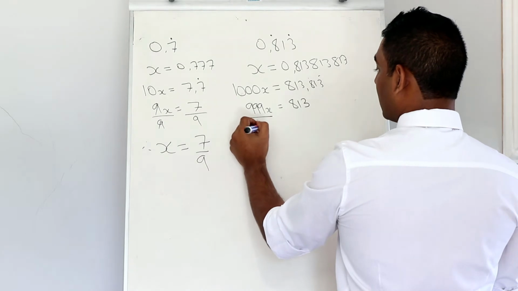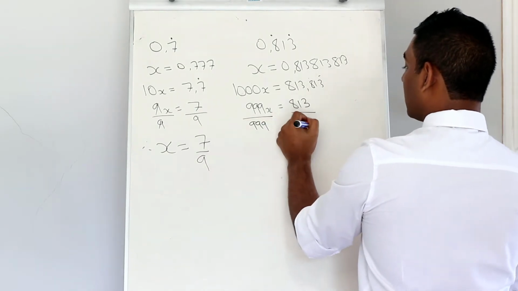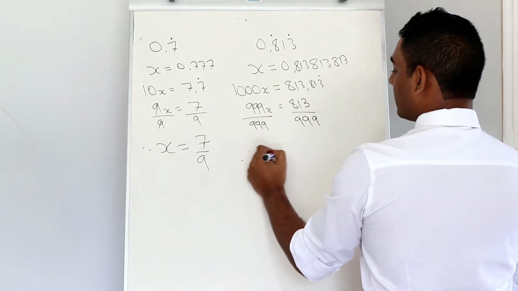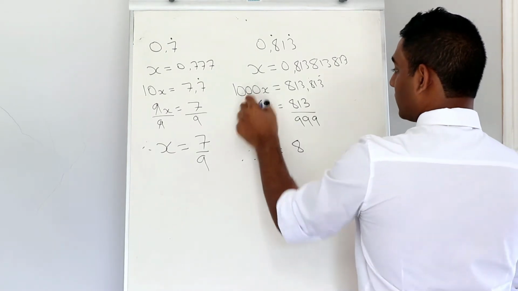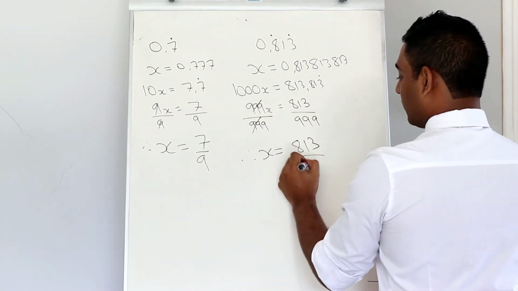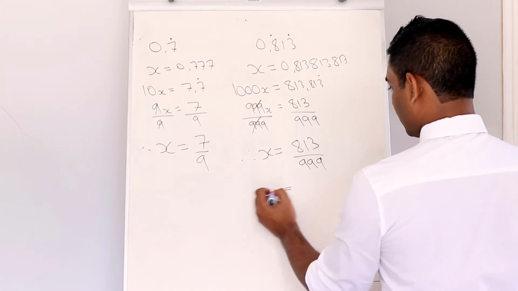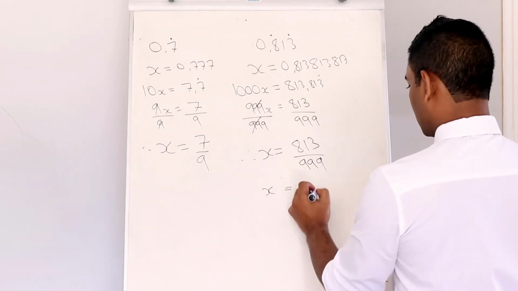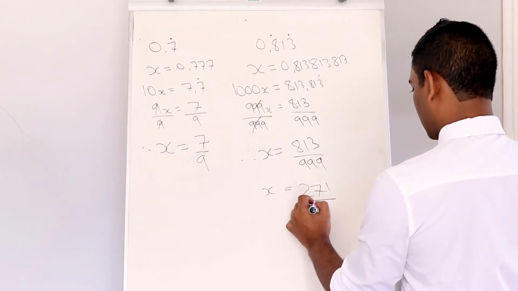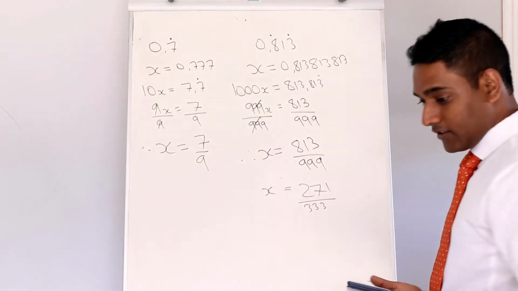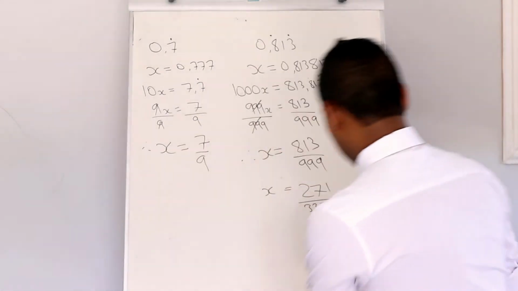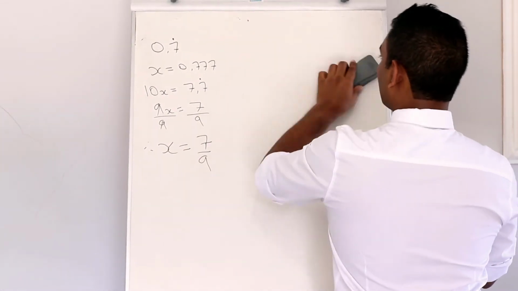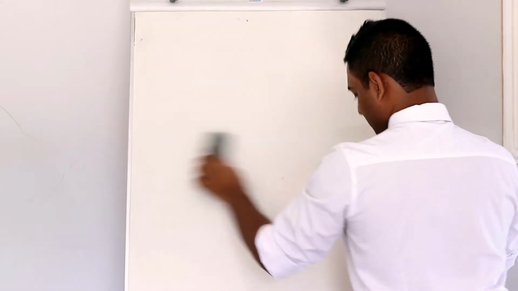Therefore, divide both sides by 999, and you get x is equal to 813 over 999, which simplifies to x is equal to 271 over 333. And that's your answer. Okay, let's do one more just to make sure that we understand this concept.